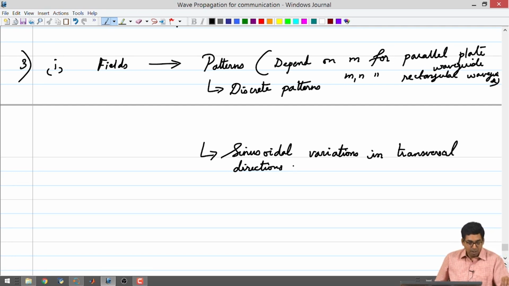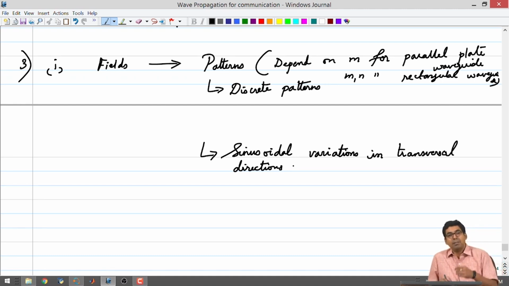In both of these cases, you had sinusoidal variations. So, these are some commonalities, and there are a few more commonalities that we have to talk about. First of all, on the walls you will not have any electric fields, and you will also notice that if you try to go back and look at what the magnetic fields would be like and try to plot them, you will find out that the magnetic fields will be maximum on the walls.